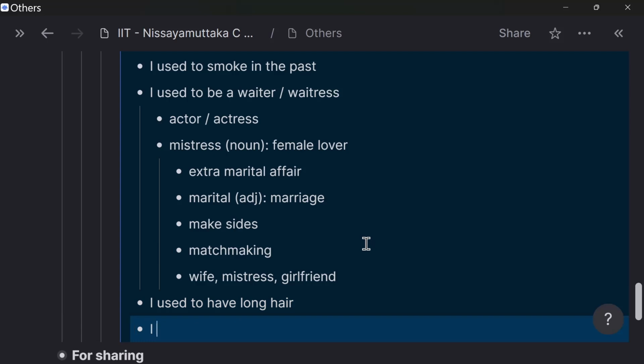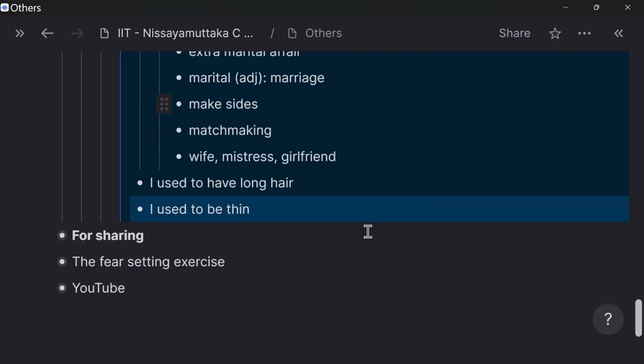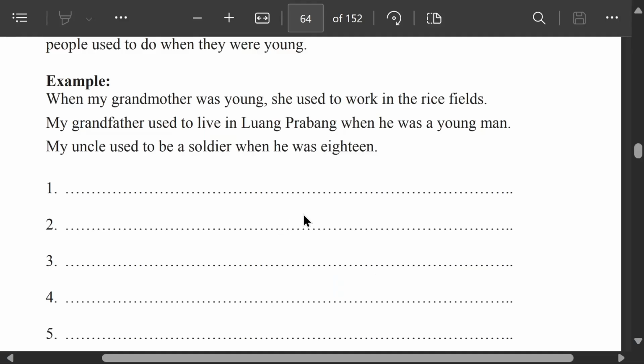You can use used to be, and then any adjective. I used to be thin. Now I'm bad. Yeah, all this. Okay.